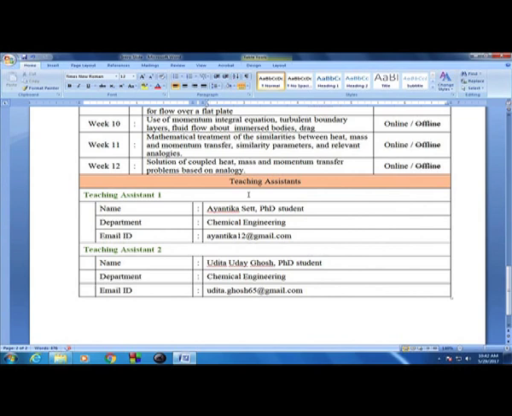I expect that you are going to have questions, and I would encourage questions all the time from you. They would give you problems to work on, and they would also provide you with assignments that you need to solve, submit, and which would be continuously evaluated by the TAs.